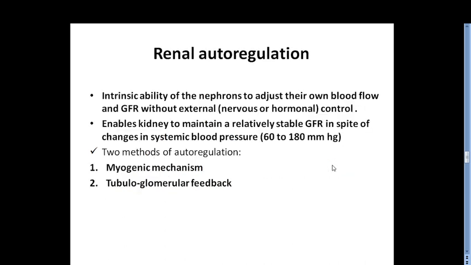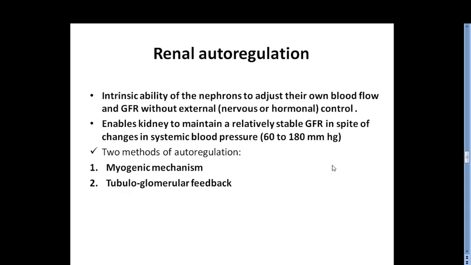It is the intrinsic ability of the nephron to adjust its own blood flow and GFR without external, that is nervous or hormonal, control. It enables the kidney to keep the GFR relatively stable, and the GFR will not change much within the physiological range of blood pressure, that is 60 to 180.